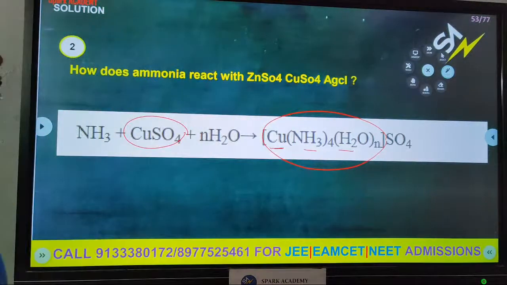Here we get the complex [Cu(NH3)4(H2O)2]SO4, where SO4 acts as the counter ion. So complex formation is possible when ammonia reacts with copper sulfate in the presence of water.